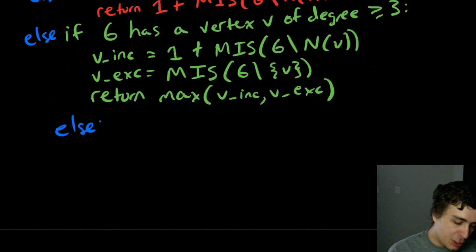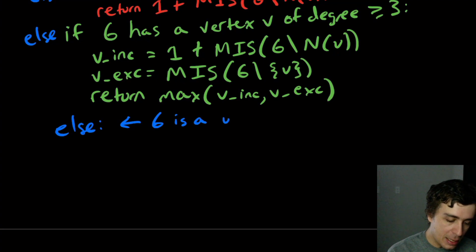So then else, G, in this case, G is a union of cycles.